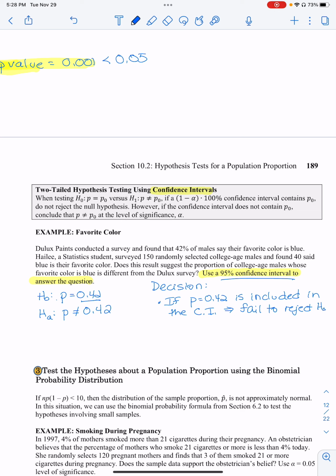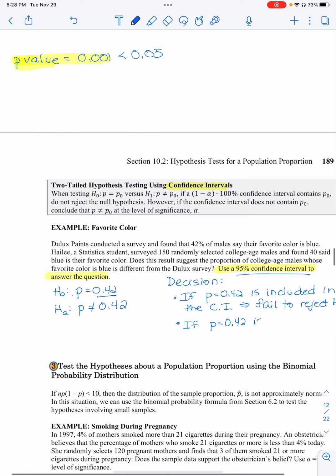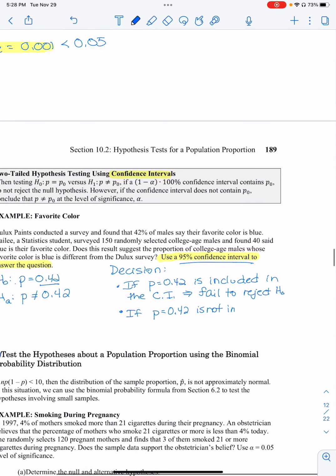And if the value 0.42 is not in the confidence interval, then we reject the null.